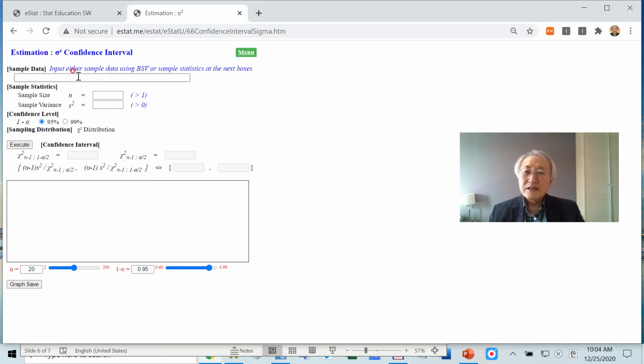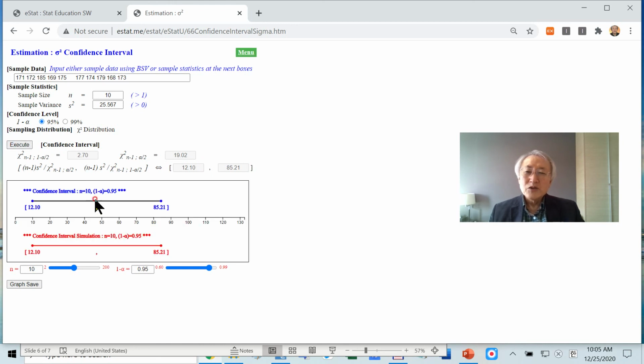Okay. Then copy the data here. They automatically calculate the sample size and sample variance. They also calculate the confidence interval depending on the confidence level, and they show you the confidence interval.